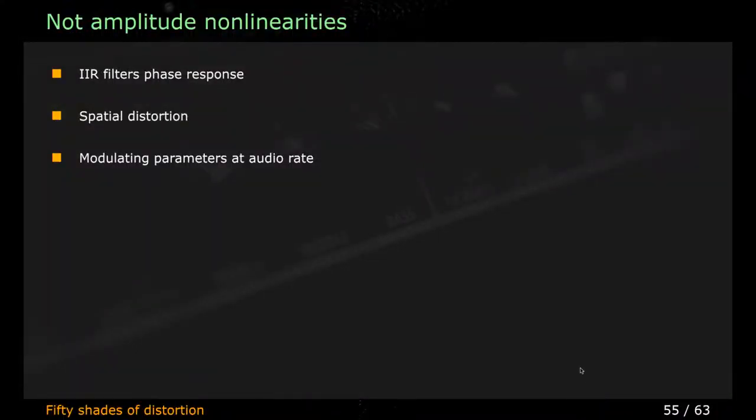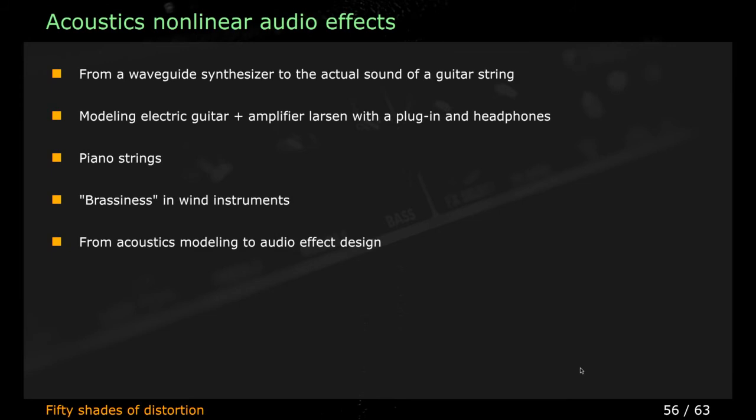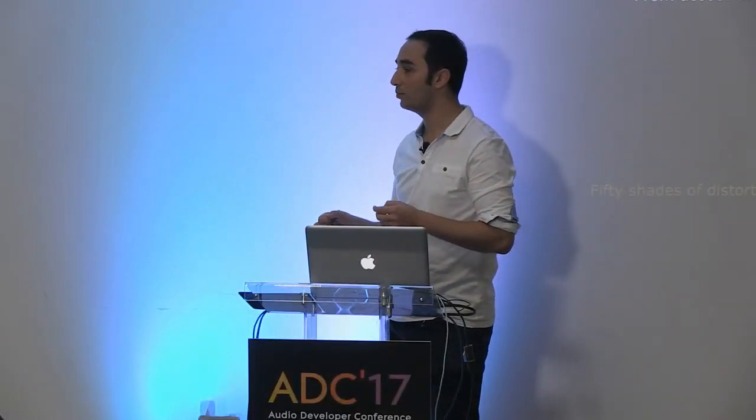We have non-amplitude-related nonlinearities. I will talk about them after the talk if you want. We have a lot of nonlinear audio effects happening in acoustics. For example, what makes a wind instrument more brassy when the pressure increases. That's something that can be modeled with acoustic modeling equations, but which could then be used as an audio effect on any given input signal.